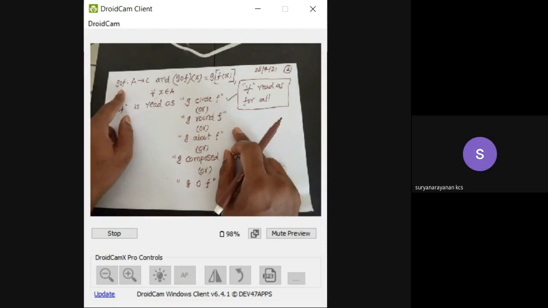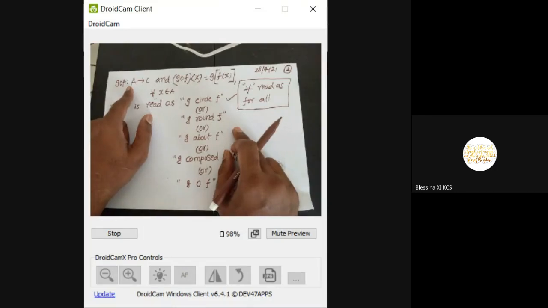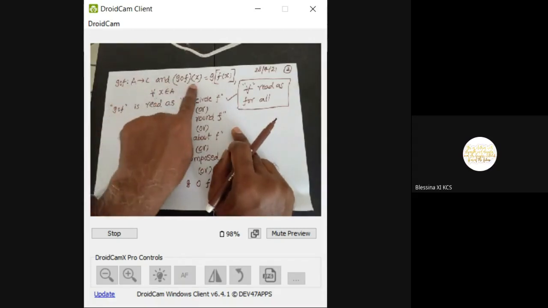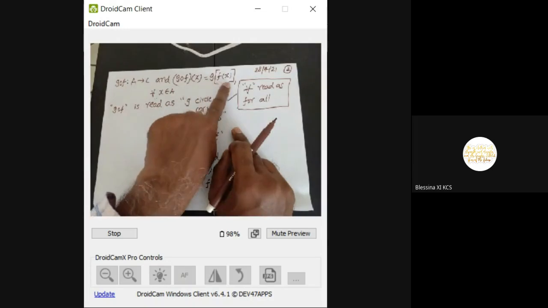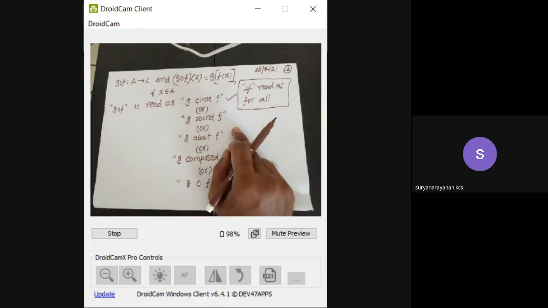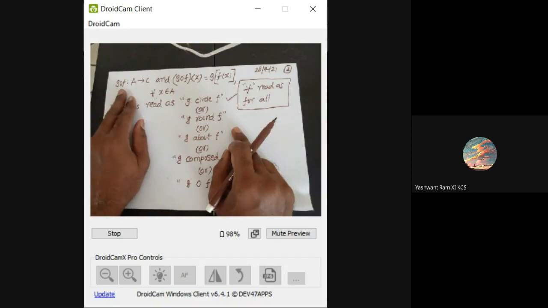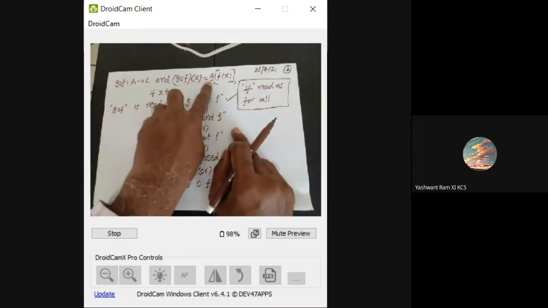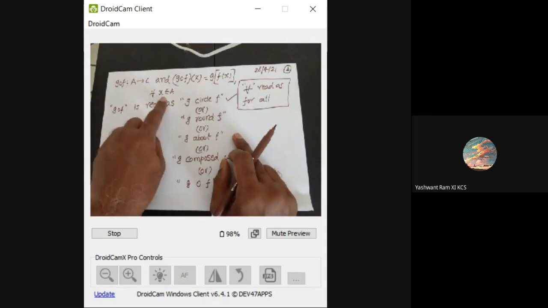G circle F is a mapping from A to C, and G circle F of X is equal to G of F of X for all X belongs to A. Very good. Yashwant Ram, it's your turn. G circle F is a mapping from A to C, and G circle F of X is equal to G of F of X for all X belongs to A.